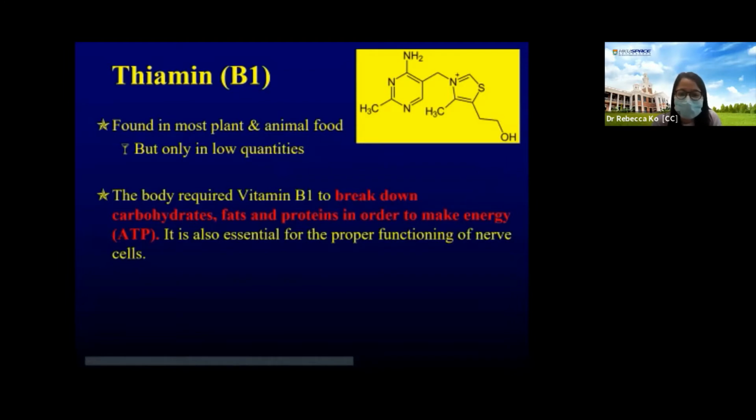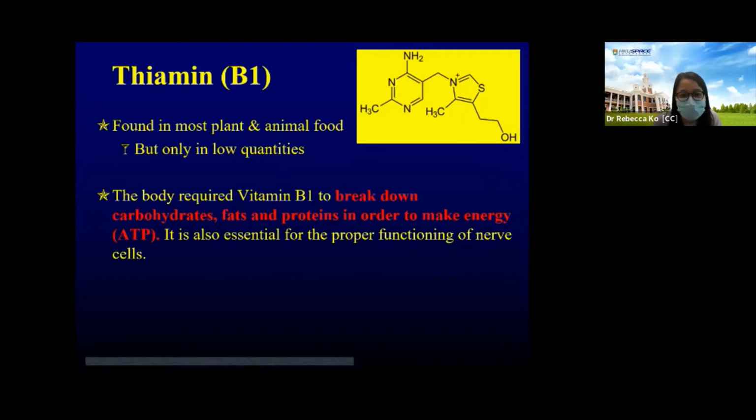Our body requires B1 to break down carbohydrates, fats, proteins. Do you still remember these main nutrients? What are their functions? Carbohydrates, fats, proteins, yeah, we need them to give us energy and build the muscles. That's why it's very important, because carbohydrates, fats, proteins are all macromolecules.